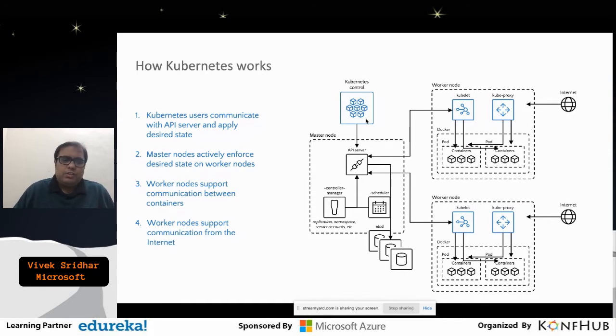So it decides how many replicas you want and where it has to run these pods. I'm going to introduce pods later, but a pod is nothing but a container or a group of containers. So on which worker node I need to run these pods, how to manage these pods, and other things. The control manager is very important, the very core of Kubernetes.